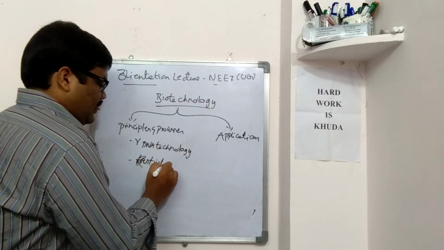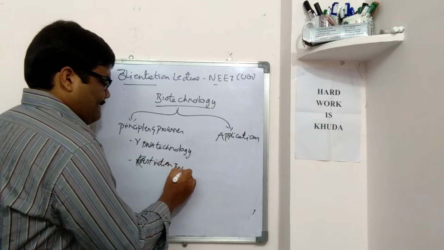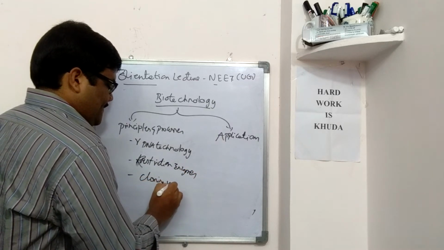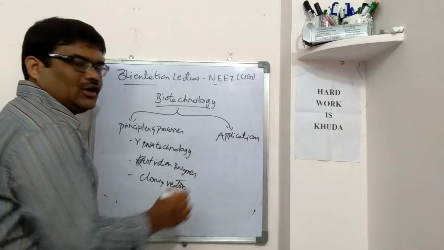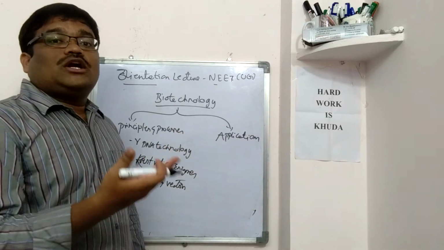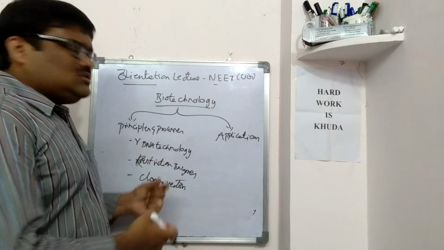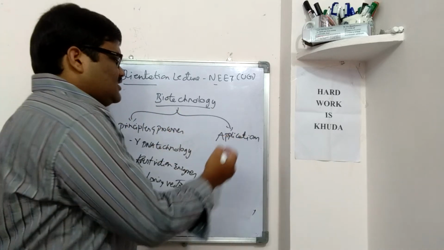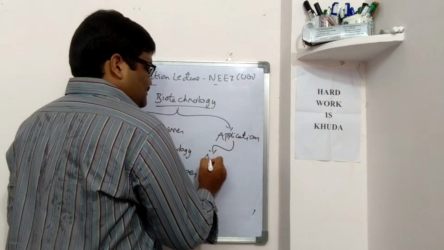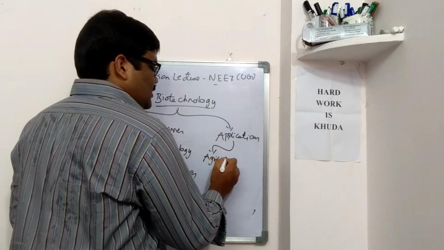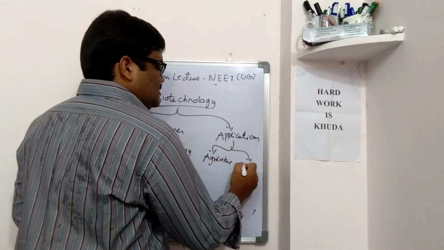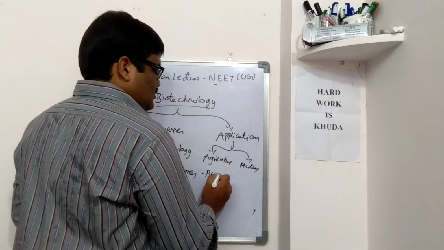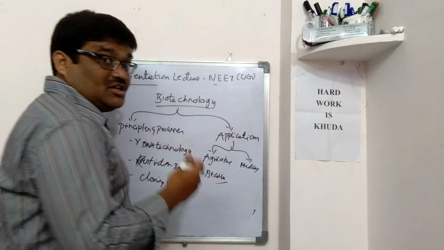restriction enzymes, cloning vectors, like pBR322, pUC101, like that. That means these are some of the significant topics under principles and processes. Okay, applications, like biotechnology applications in agriculture and medicine. Say in agriculture, Bt cotton, pest resistant plants.